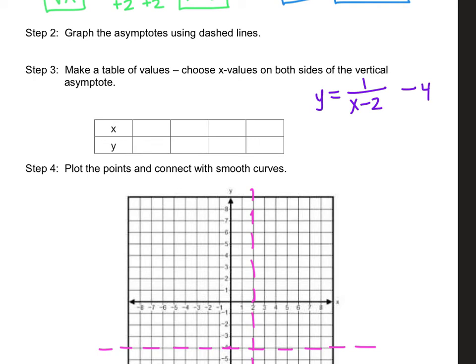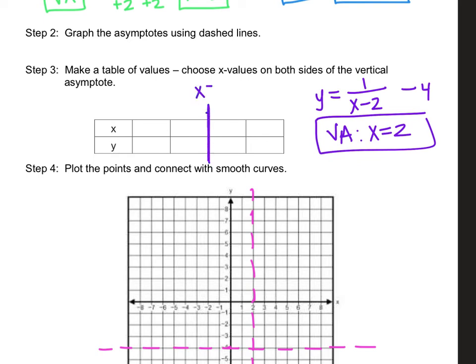So it says make a table of values, choose x values on both sides of the vertical asymptote. Remember, our vertical asymptote was x equals 2. So think about a table of values with 4 values. Here's our middle guy, x equals 2. I need 2 numbers on the right of 2 and 2 numbers on the left of 2. Let's see, what could we plug in?